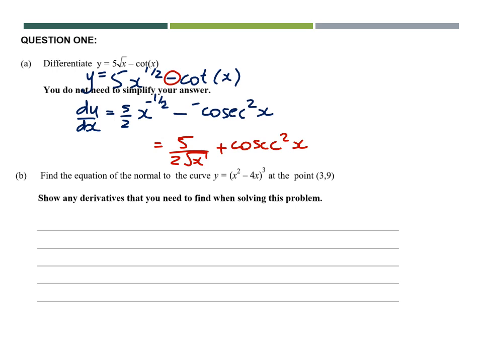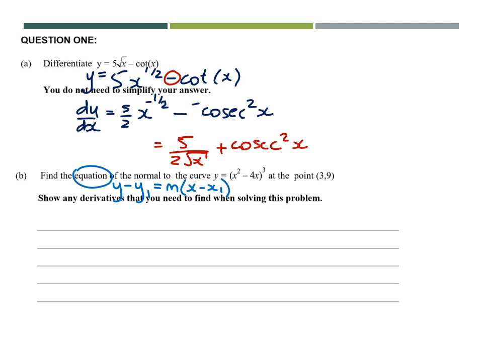Okay, so this one's quite a hard question because there's a lot involved in this one. Find the equation. How am I going to find an equation? What am I going to use when I'm trying to find an equation? What formula am I going to use? Yeah, I'm going to use the y minus the y1 equals the m into x minus the x1.